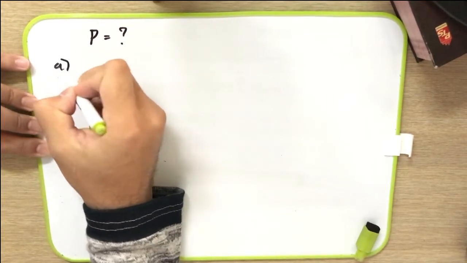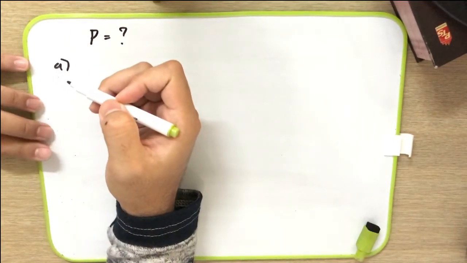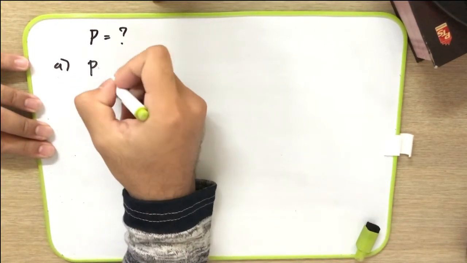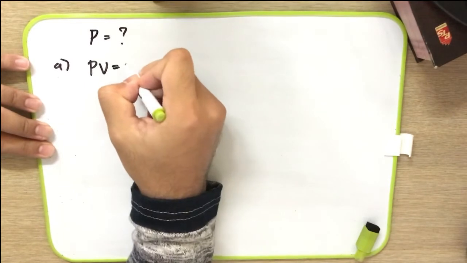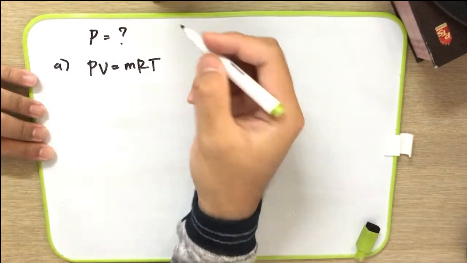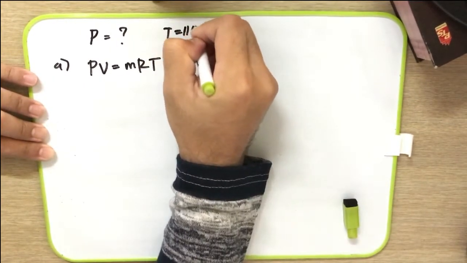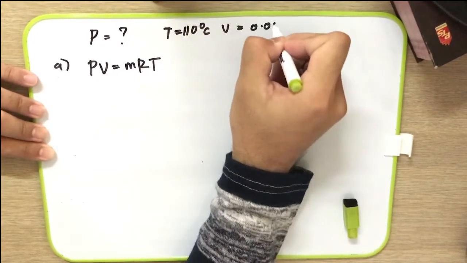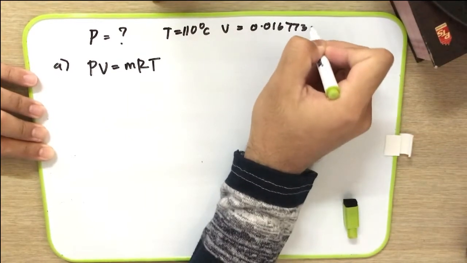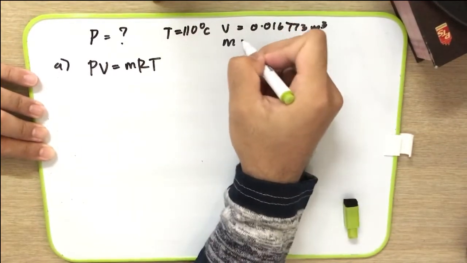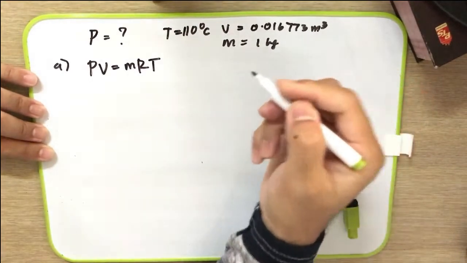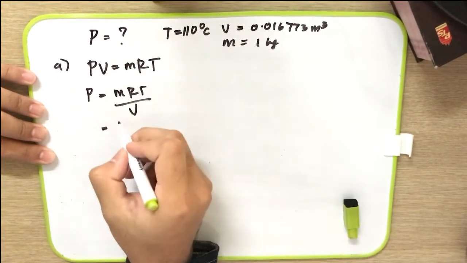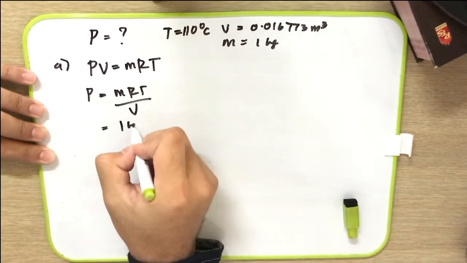So we look first at the ideal gas equation. So we just write down the ideal gas equation. The temperature given is 110 degrees C. The volume is 0.016773 and the mass is 1 kg. So we rearrange the ideal gas equation and just substitute all the info inside, 1 kg.